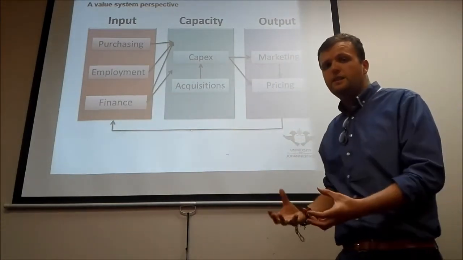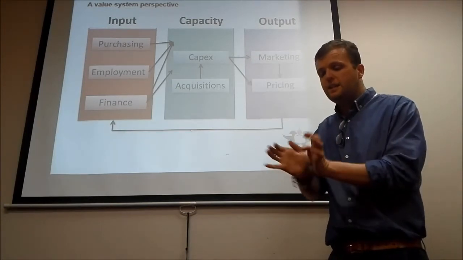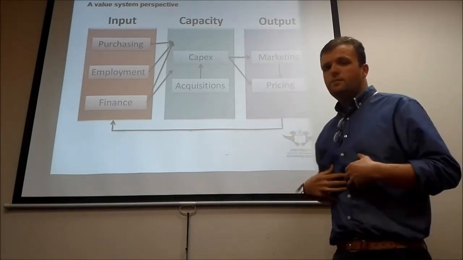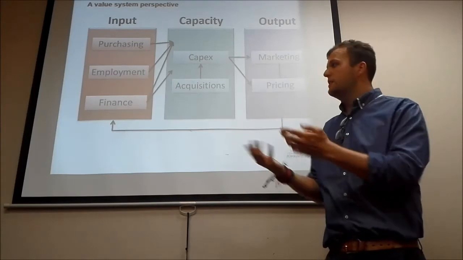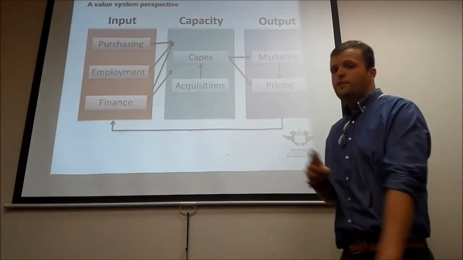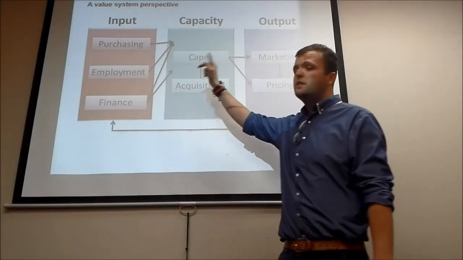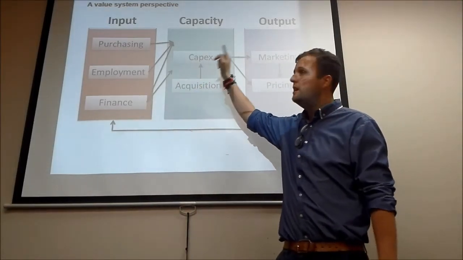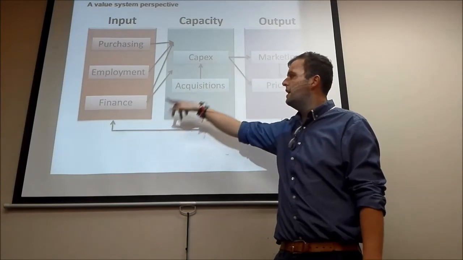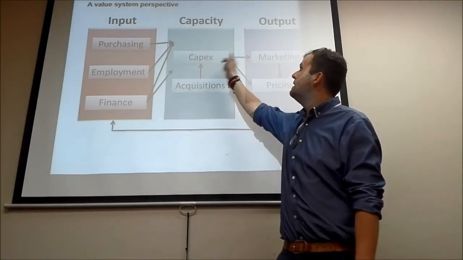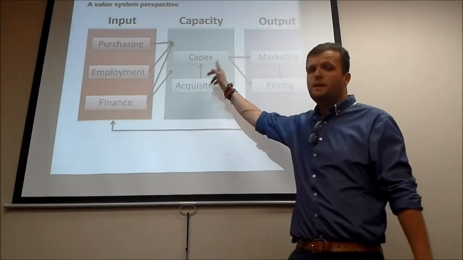So you put something in, you produce it at a capacity location, and you output it to someone. In those three sections, there are different things to consider. When you consider inputs, you need to consider how much you want to purchase, how much employment you want to get, and how you're going to finance everything. Then, in capacity, you need to look at your capital expenditure.